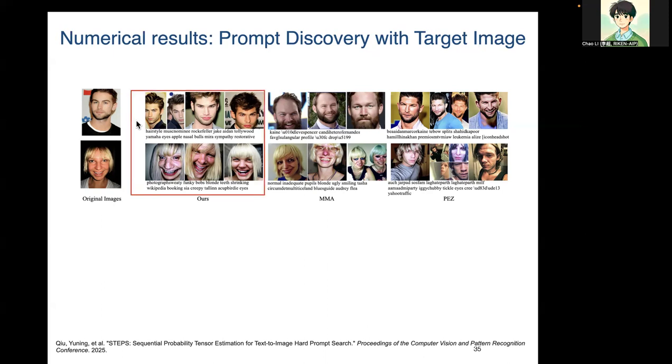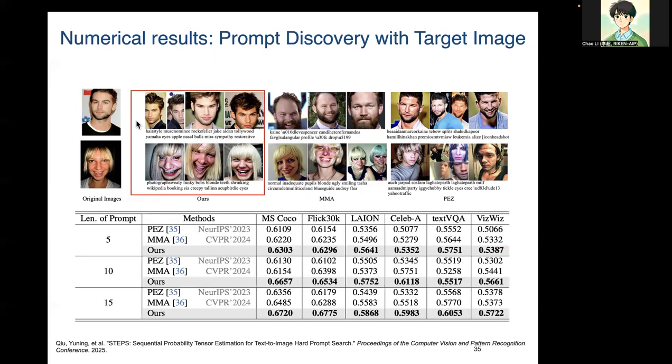Our method consistently produces prompts that generate images much closer in style and content to the original compared to other methods. The table below shows the results across 6 benchmarks. For different lengths of prompt, our approach achieved the best scores in nearly every case.